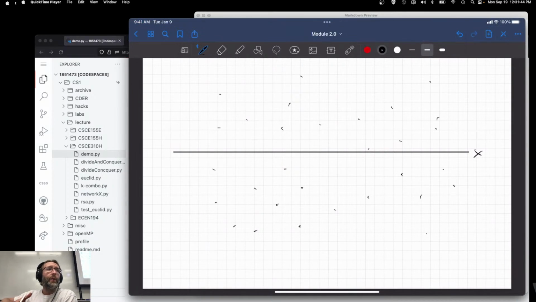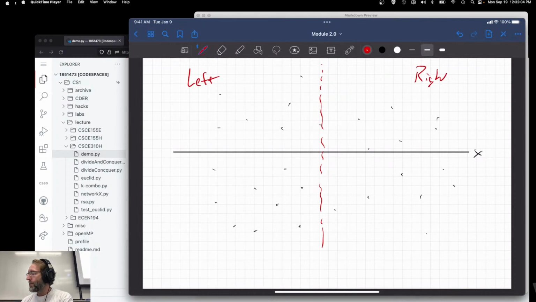I'm not even going to draw the y-axis because we could be on the positive side, we could be on the negative side, we could be 2/3 over here and 1/3 over there. It doesn't really matter. But I am going to divide this roughly evenly into 2 parts. This is the left partition, and this is the right partition, so that roughly there are n divided by 2 points over here, and roughly n divided by 2 points over here.